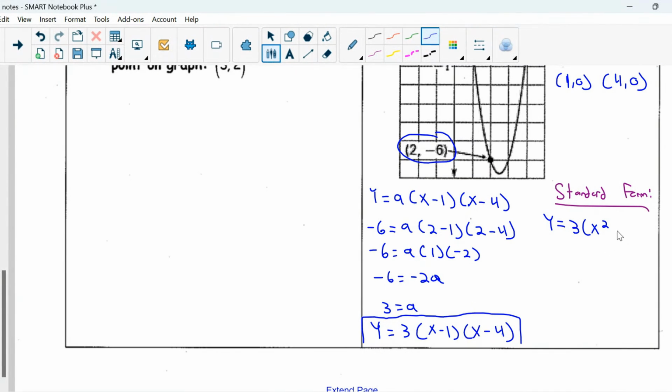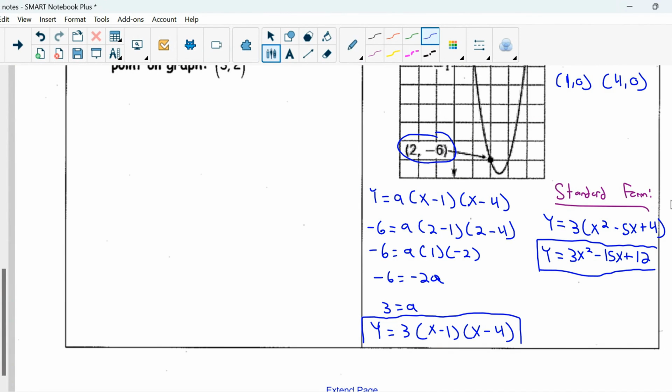So that would combine to be negative 5x plus 4. From here, go ahead and distribute your 3. So that gives me y equals 3x squared, minus 15x plus 12. And that right there is my standard form for that quadratic.